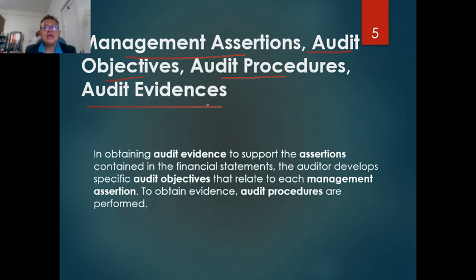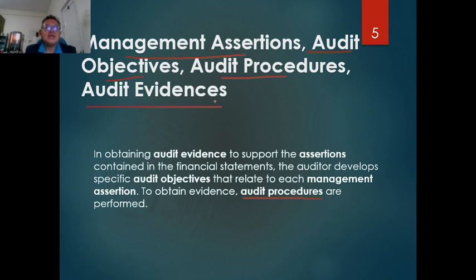From the audit procedure, you need to know what audit evidence needs to be collected. In obtaining audit evidence to support the assertions contained in the financial statements, the auditor develops an audit objective that relates to the management assertions, to obtain audit evidence through the audit procedure.